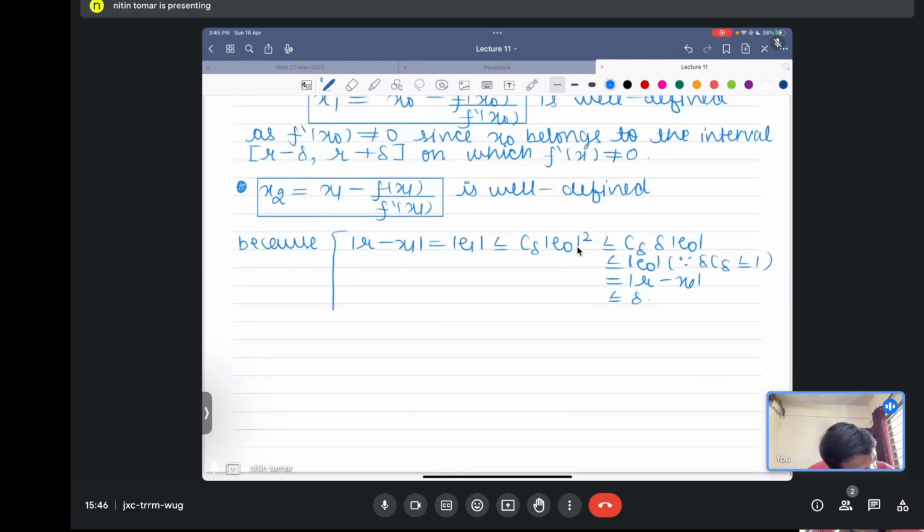So all this jargon is to prove that x1 belongs to r minus delta to r plus delta.